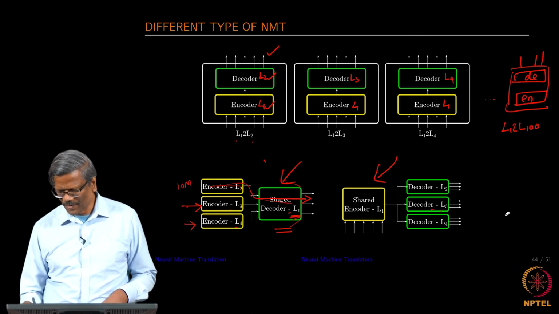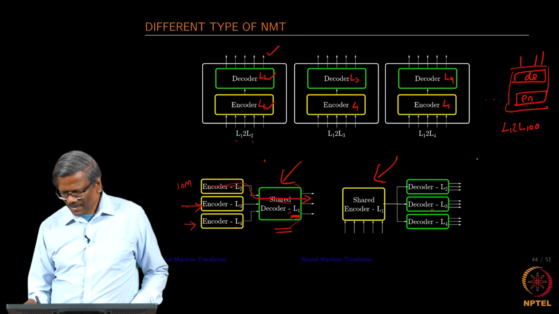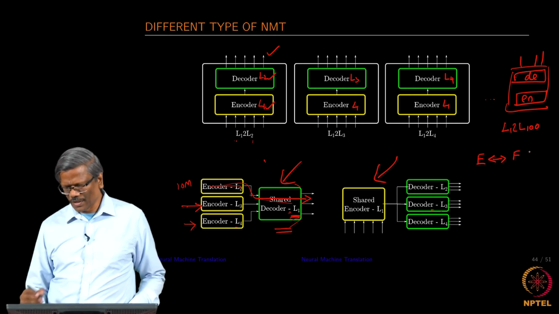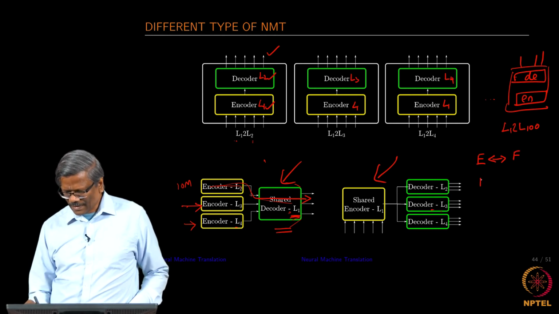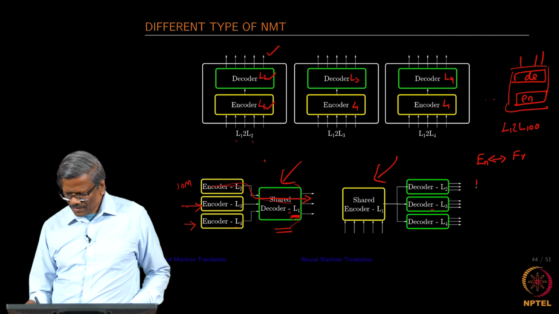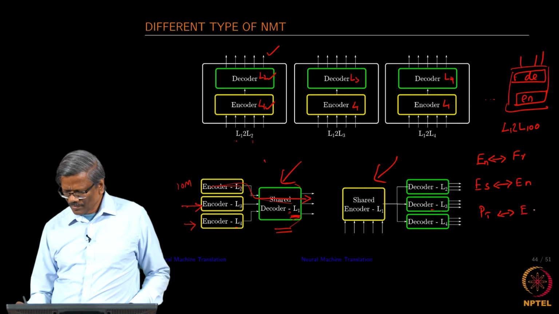So, let me write this here. For example, I have the translation from English to French, and French to English, and let me write Spanish to English, and then Portuguese to English.